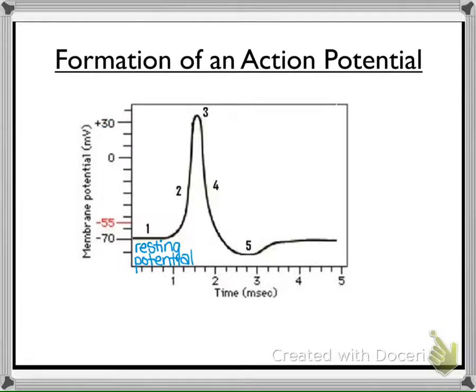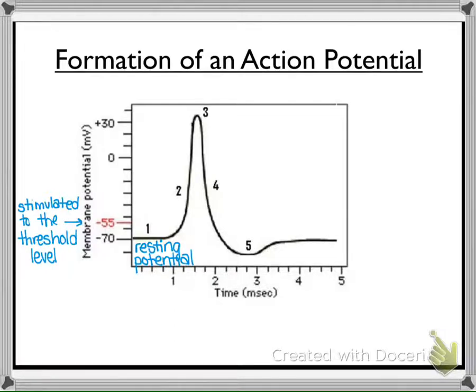And what will we see if we did this? Well, we would see that at the beginning of an action potential, so during resting potential, the charge inside the axon would be about negative 70 millivolts. Then the neuron needs to be stimulated. So we need to somehow cause the inside of that axon to start becoming a little bit positive.